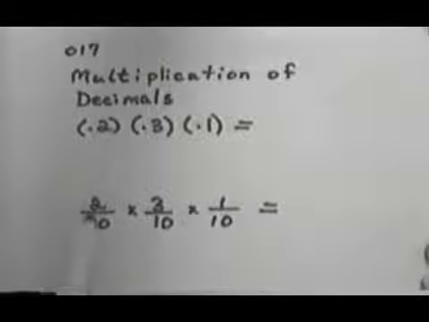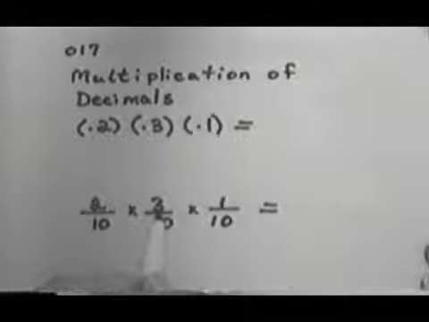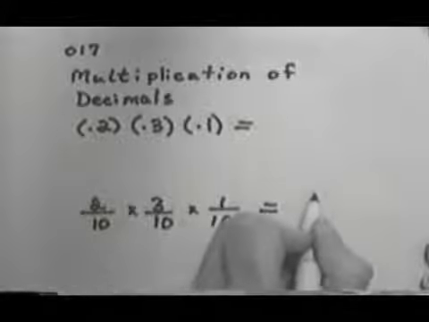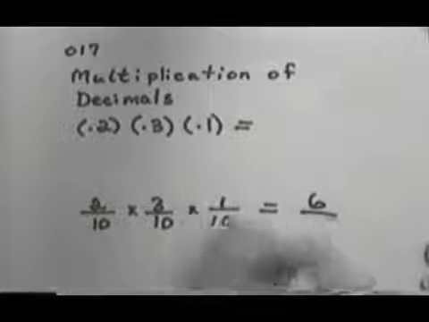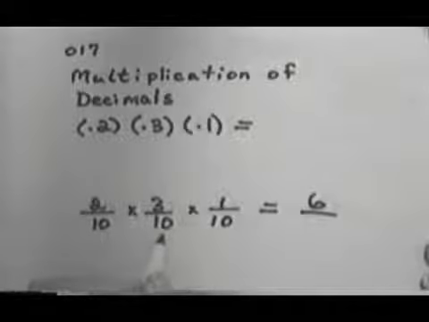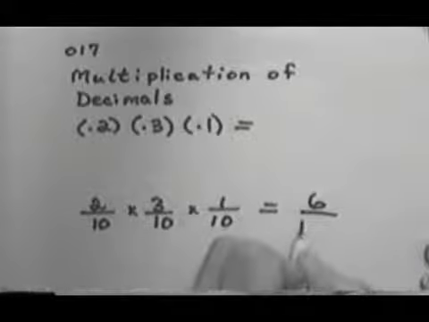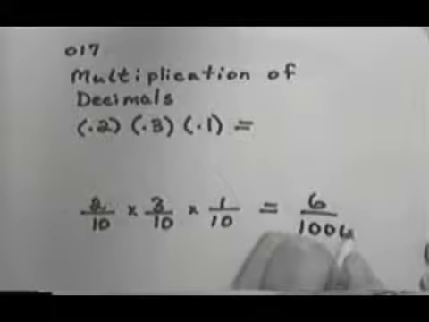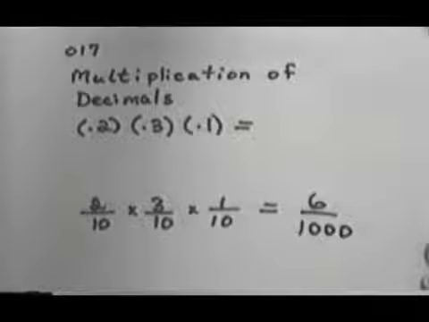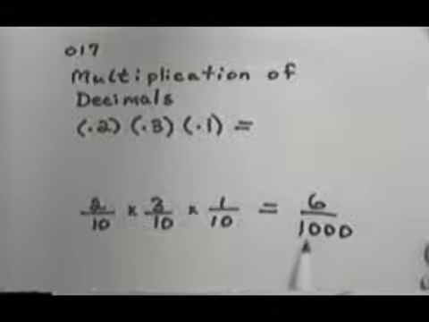So 2 times 3 is 6 times 1 is 6. 10 times 10 is 100 times 10 is 1,000. So we did get the 6 that we thought we should, but we got 6 thousandths.